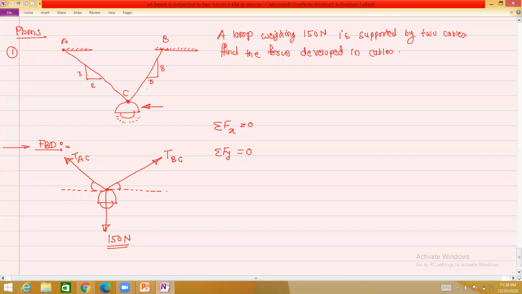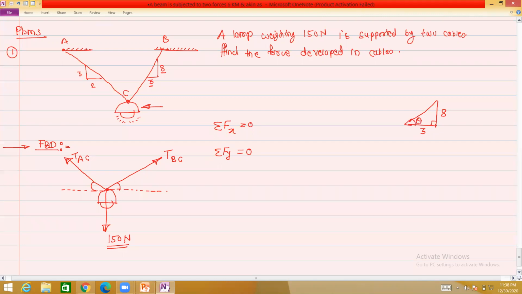The angle is not directly given in the problem. Some dimensions are given, 8 and 3, and the second is 3 and 2. So what is the meaning of this 8 and 3? This 8 represents the opposite side in the right angle triangle, and 3 is the adjacent side.